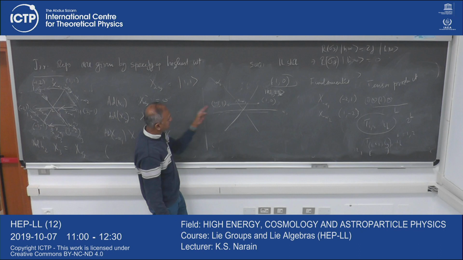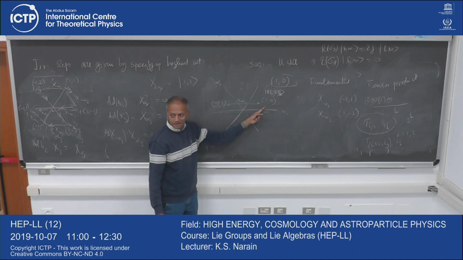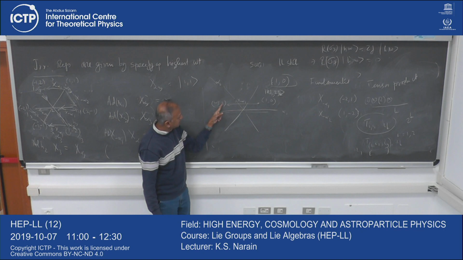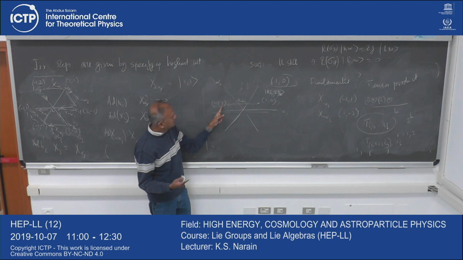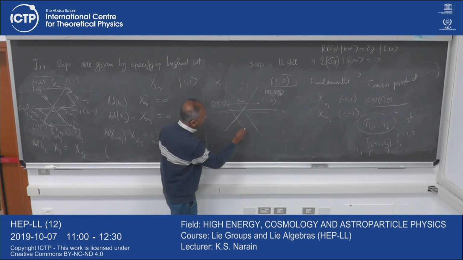And now, that's it. It cannot go further because this was a doublet, a spin half. This will be the lowest state of that SU2. It will stop there. But now, if you look at this second number, this is 1 plus 1. So that means it must be a doublet of this SU2. So I can apply x minus alpha 2 and I will come here.